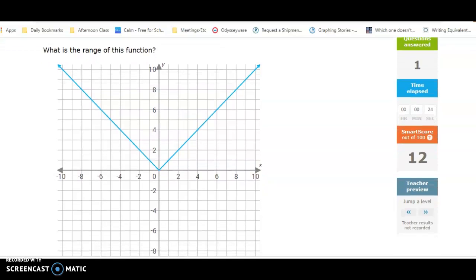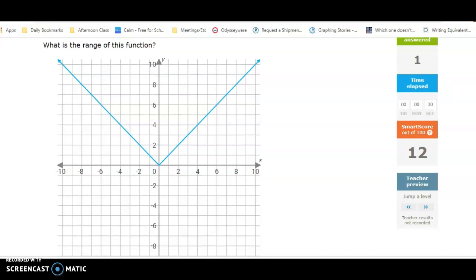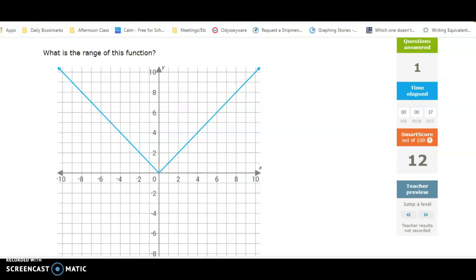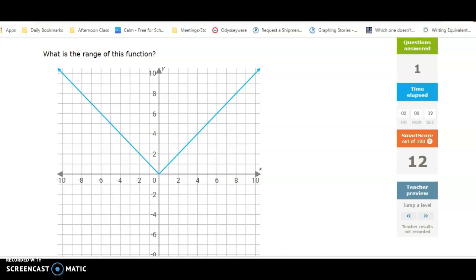If it's asking you for the range, that has to do with what numbers can be used for y. And so if it's opening up, you want the y to be such that y is greater than or equal to. So it's opening up, so I know it's going to be y is greater than or equal to. And then what's the lowest point that y goes?